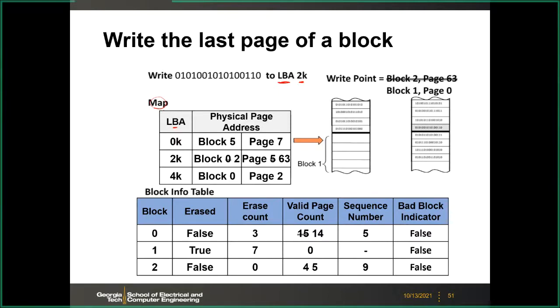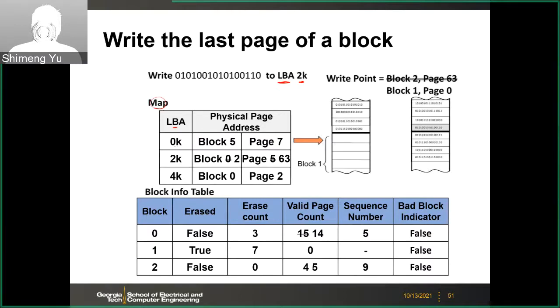2 kilobytes, you will have the logic space, first 0K, 2K, 4K, 3 groups. So those are consecutive in the logic space. For example, those 3 blocks may contain your picture.